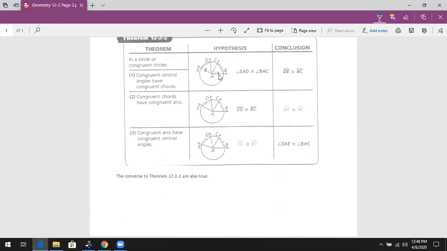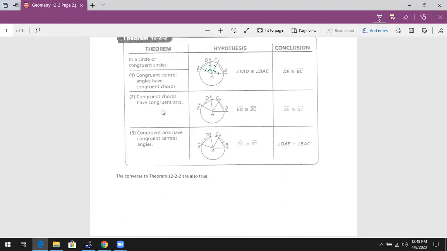EA is the same as AB because they're radii. Same with AD and AC. They're all four radii, which means they're the same. Of course, you've got congruent angles, like they said. That makes these triangles congruent by side angle side, so corresponding parts are the same. So if the central angles are the same, so are the chords.